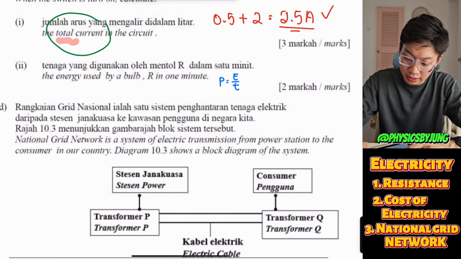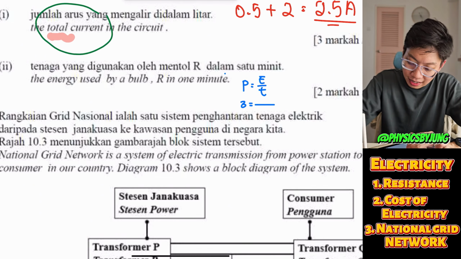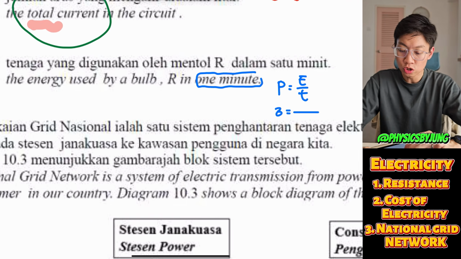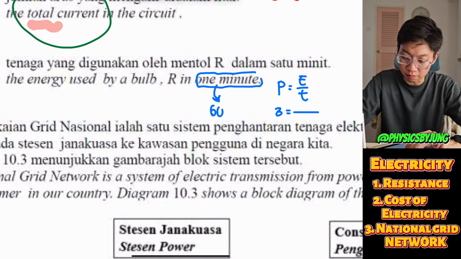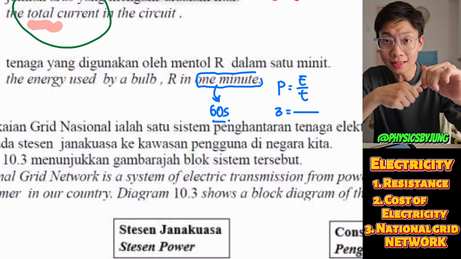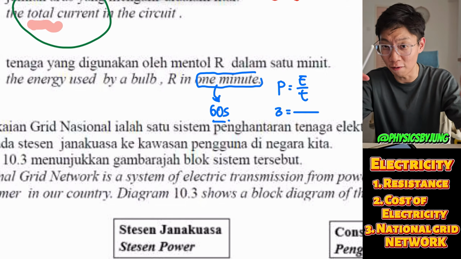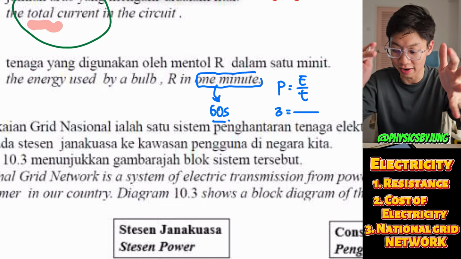So if my power is 3 watt and I want to find in 1 minute, the only trick here is you have to change it to SI unit, guys. Remember, time you must change to seconds, and temperature you must change to Kelvin, especially for gas law. So please be very careful.